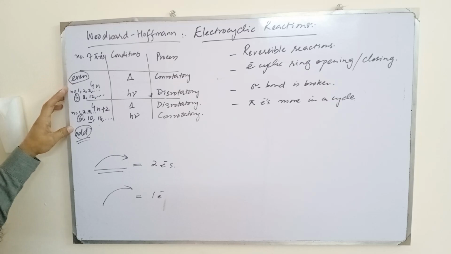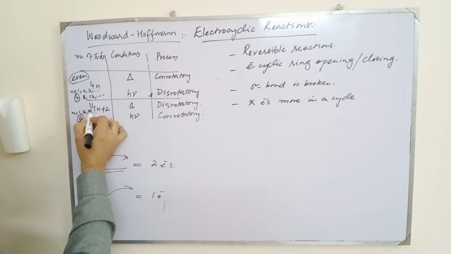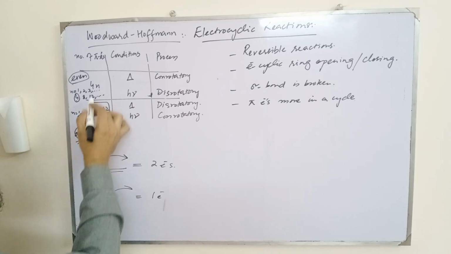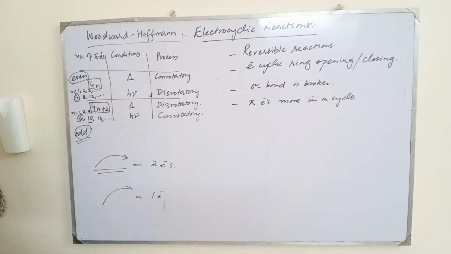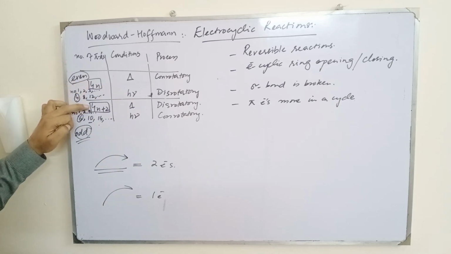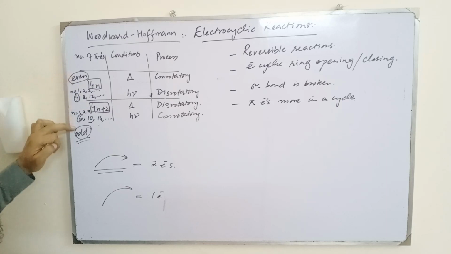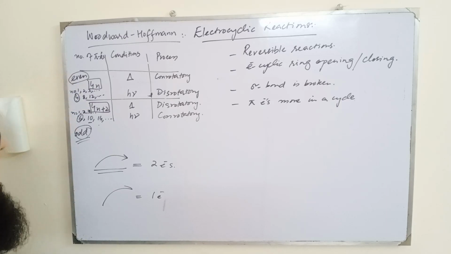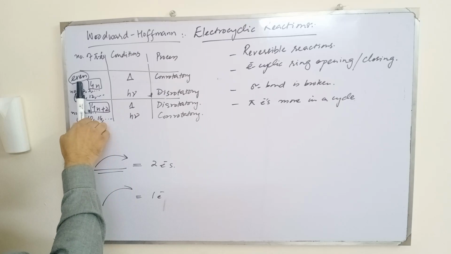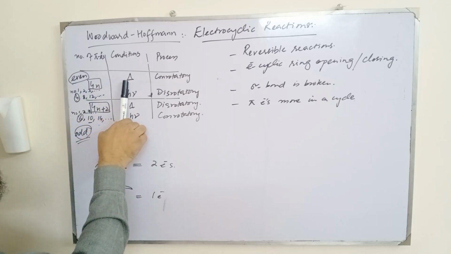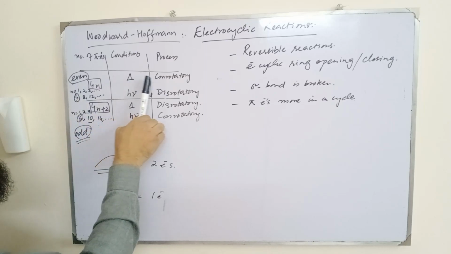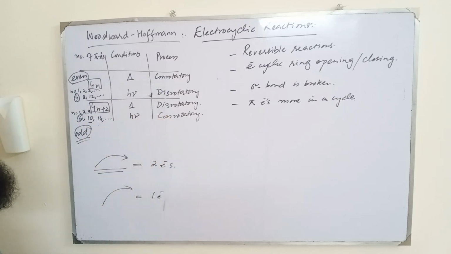In general, there are two possibilities for pericyclic reactions. The electron systems fall within two categories, 4n or 4n plus 2, and the number of electron pushing arrows can be even or odd. If electron pushing arrows are even and the reaction is thermally initiated, the process would be conrotatory, meaning both orbitals move in the same direction, clockwise or counterclockwise.